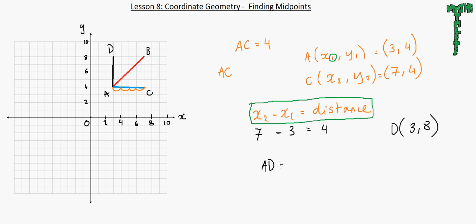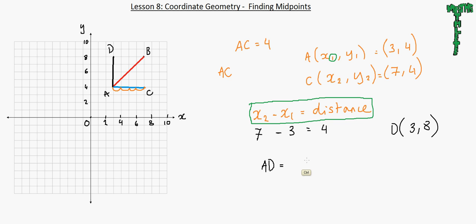We will say that this is x2 and this is y2. We're talking about the y-axis in this, because if we did 3 minus 3, it would be 0 horizontally, because it's only traveling vertically.